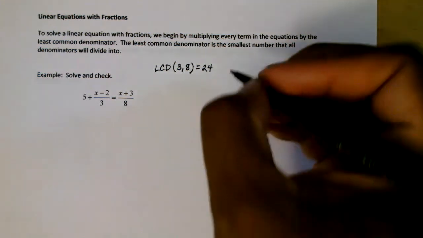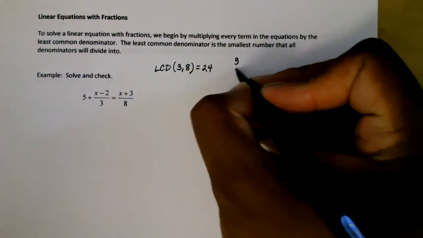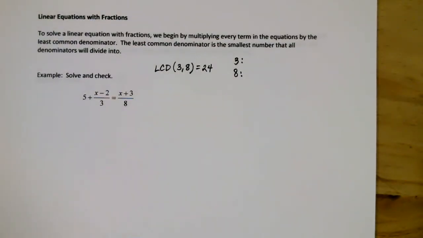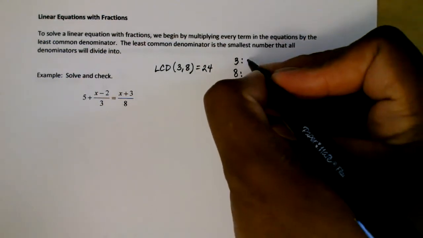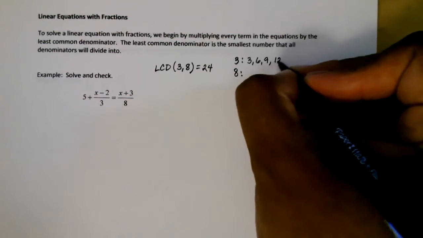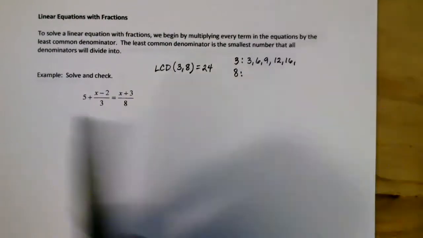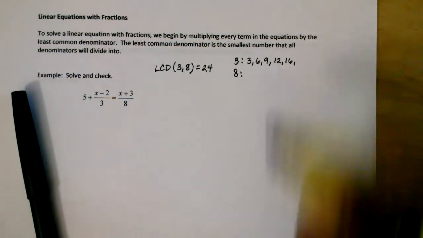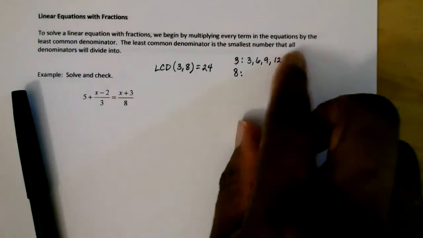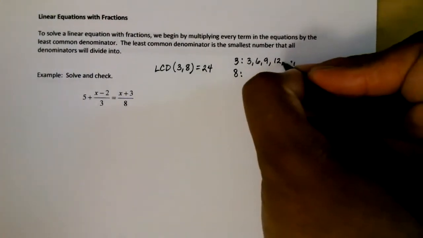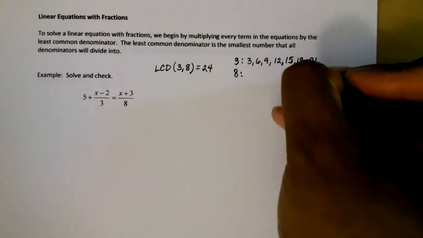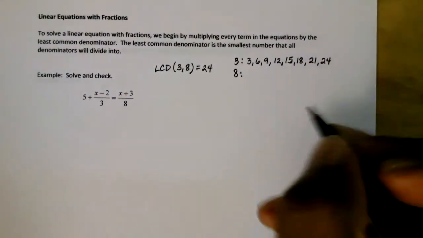Now, if you didn't know that, you could do this. For 3 and 8, list all the multiples of 3 and all the multiples of 8. For the multiples of 3, you have 3, 6, 9, 12, 15, 18, 21, 24.